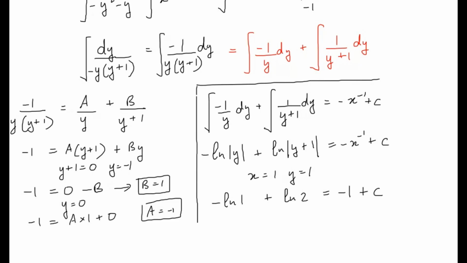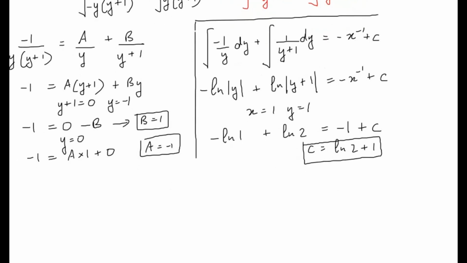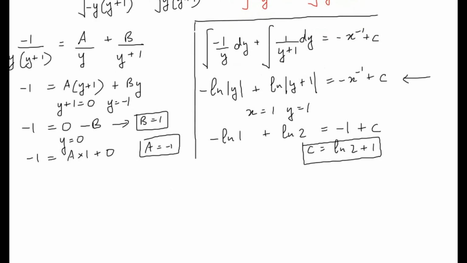Ln 1 is 0, so c is equal to ln 2 plus 1. Okay, having found the value of c, we just put it back into our equation, this equation here. Negative ln mod y plus ln y plus 1 equals negative x to the power of minus 1 plus ln 2 plus 1.